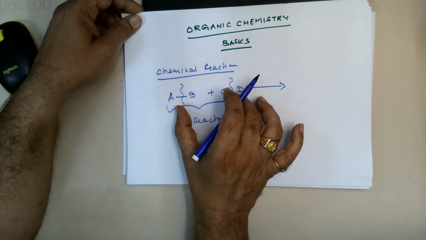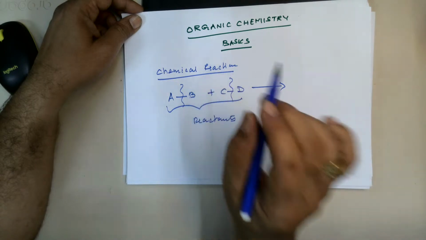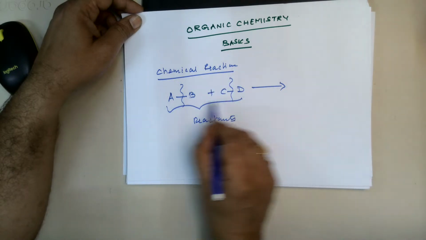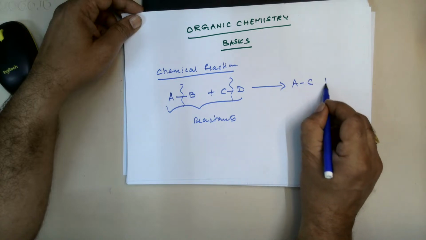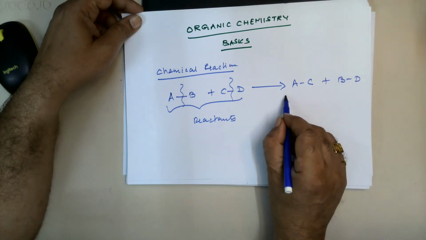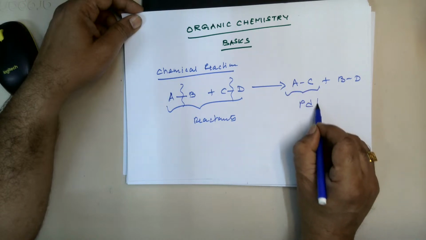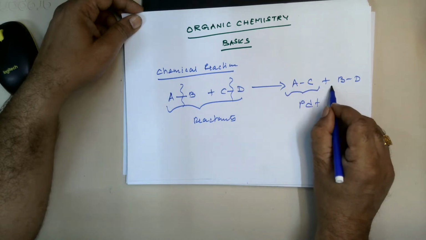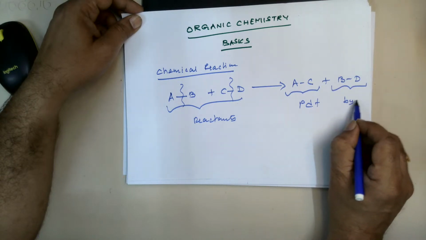So the cleavage of old bond and formation of a new bond is called chemical reaction. So this A can combine with C and B can combine with D. So this can be called the product, the major product, and this one will be the byproducts.